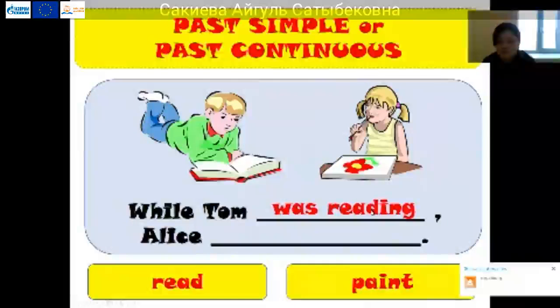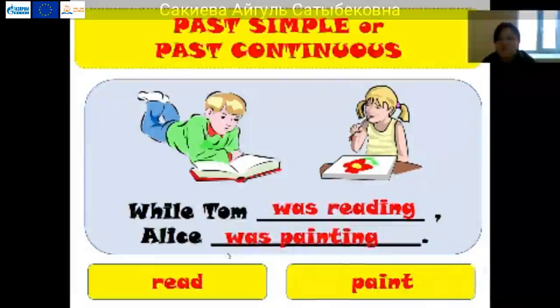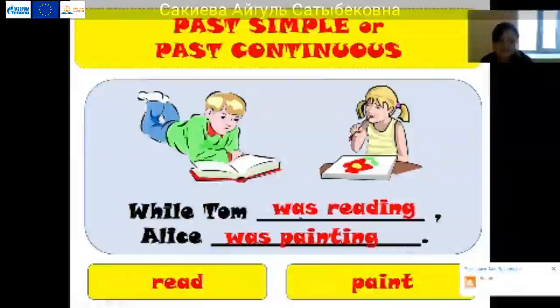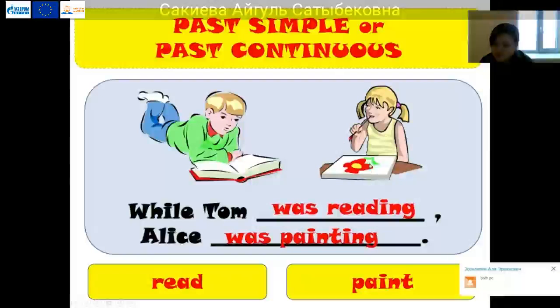While Tom was reading, Alice, what was Alice doing? Alice was painting. Good job. Yes. Not painted, Ayjan, because these two actions were happening at the same time. Look at her. She was painting, she was reading. And these two actions were happening simultaneously.